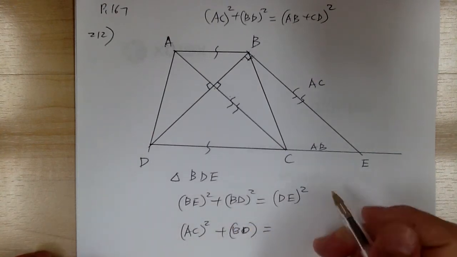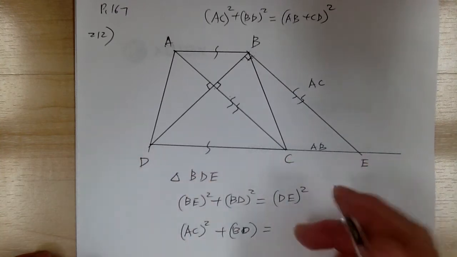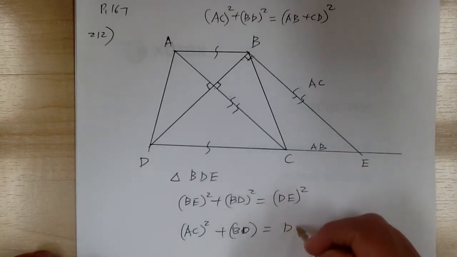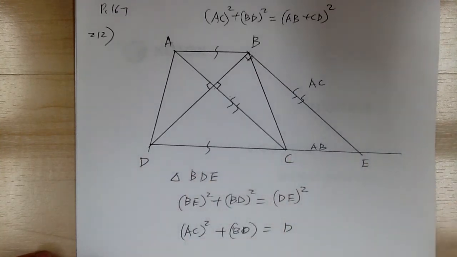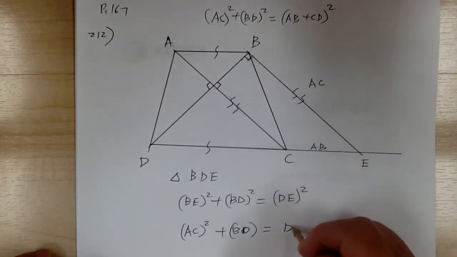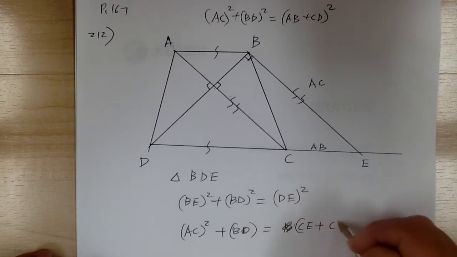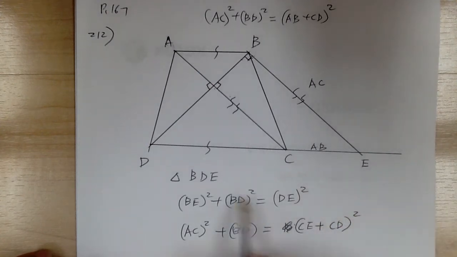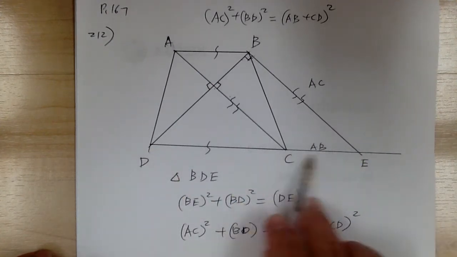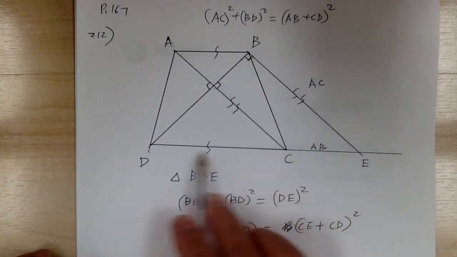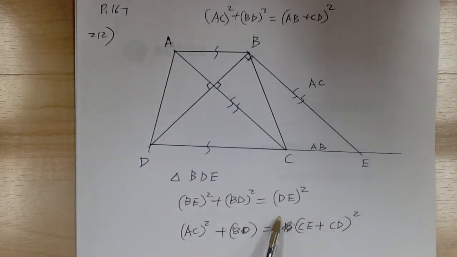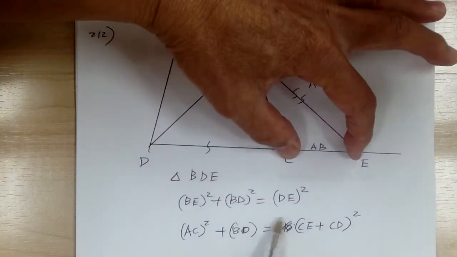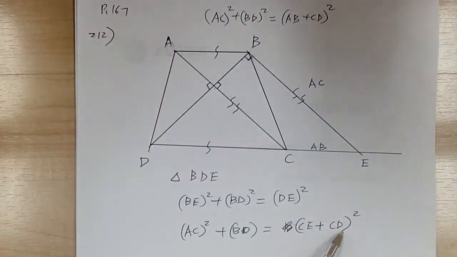Now DE is equal to CE plus CD, right? DE equal to CE plus CD. So this whole thing is equal to CE plus CD.